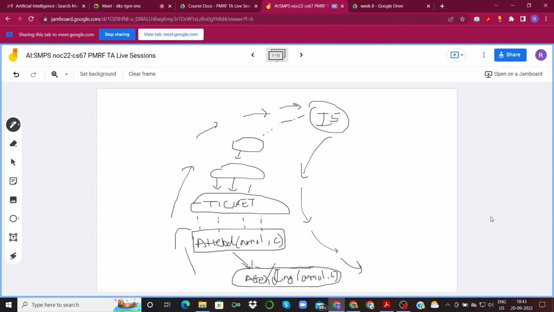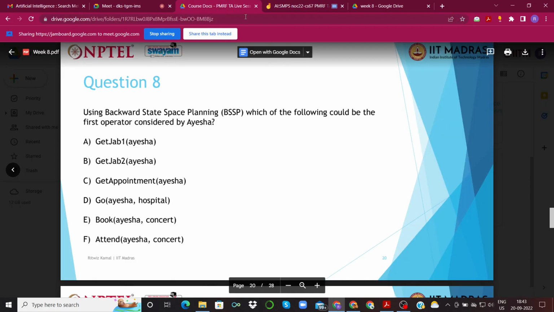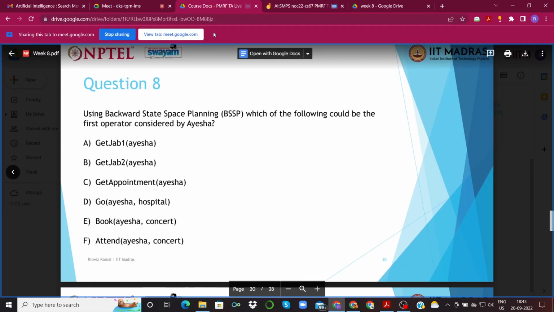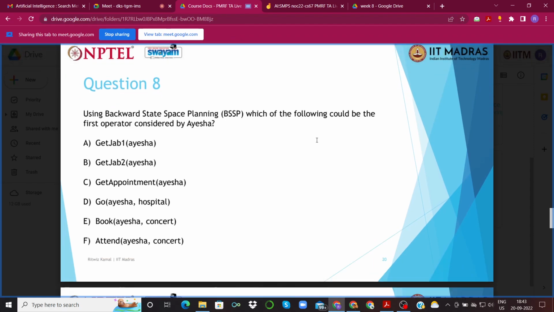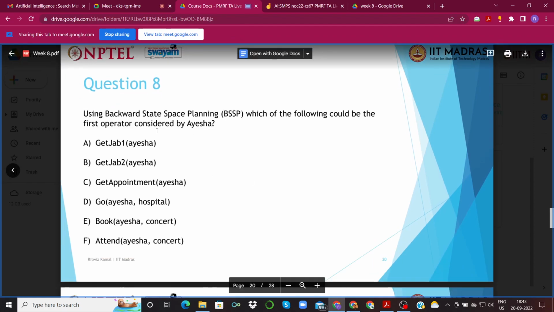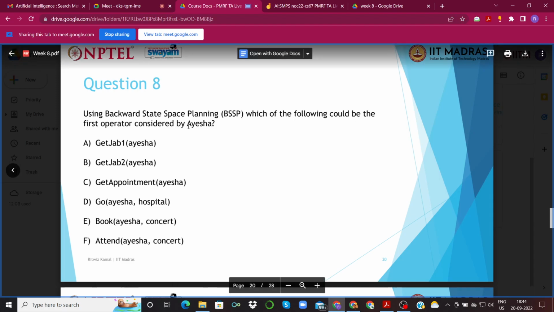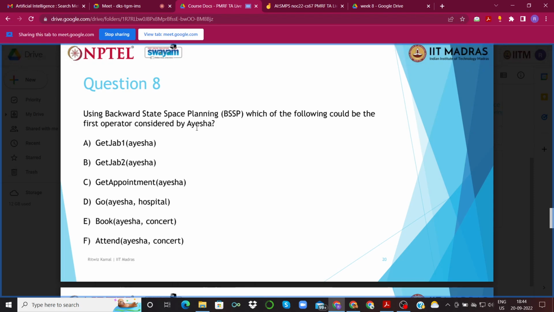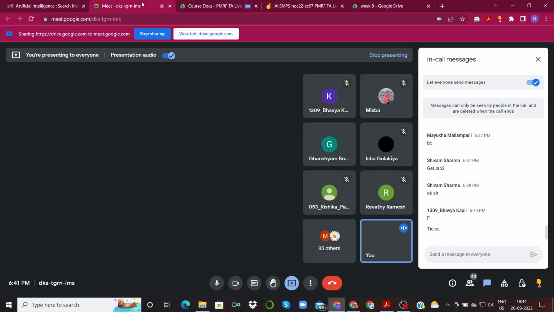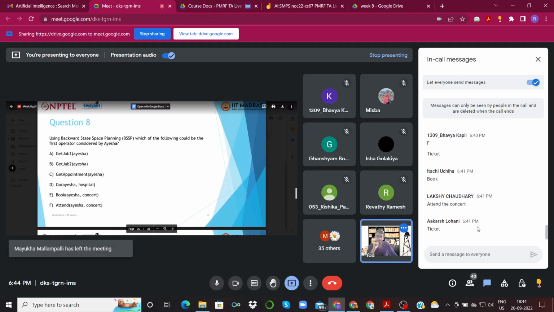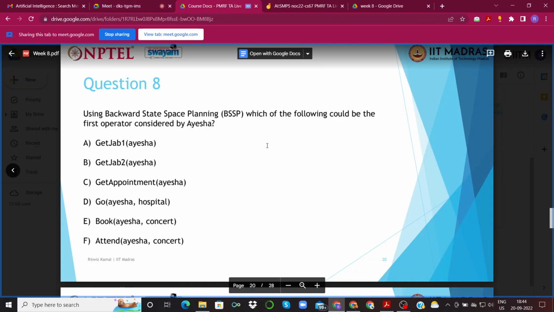And the professor has explained a very good example for that in the lectures, so I will not get into the details of how backward state space planning works. Coming back to our question, it is concerned with only a simple aspect of BSSP: using backward state space planning, which of the following could be the first operator considered by Aisha? So what do you think could be true over here? We have a number of answers.